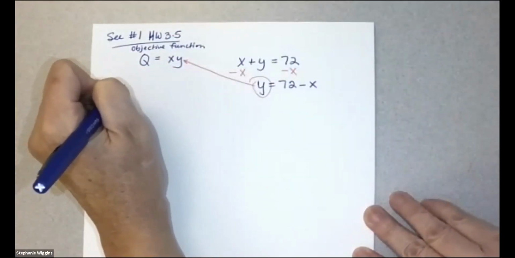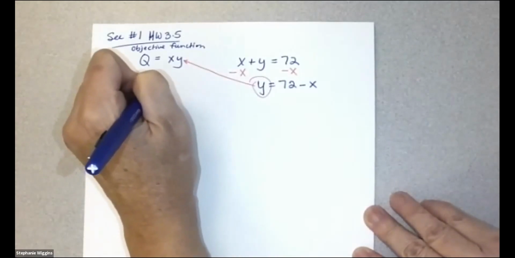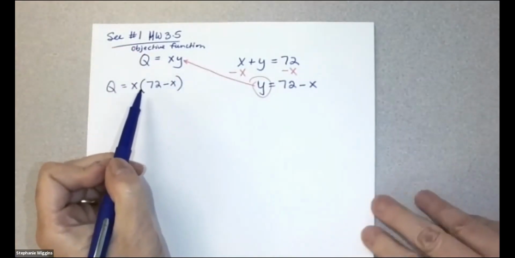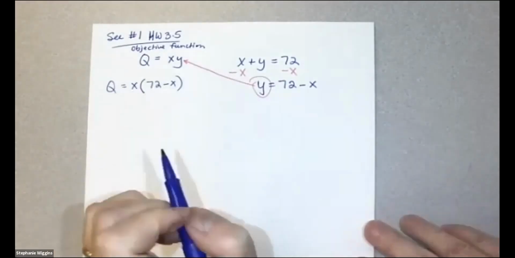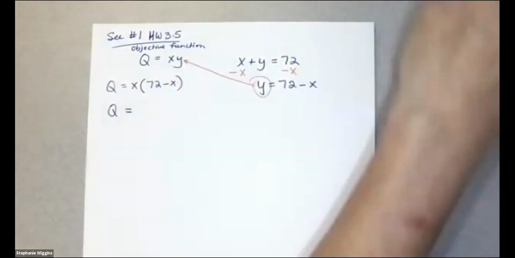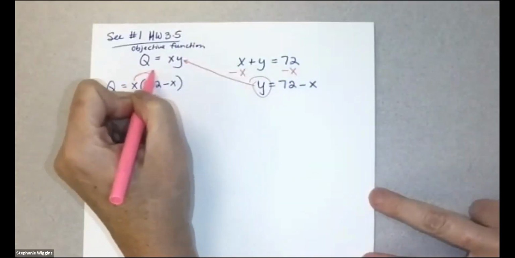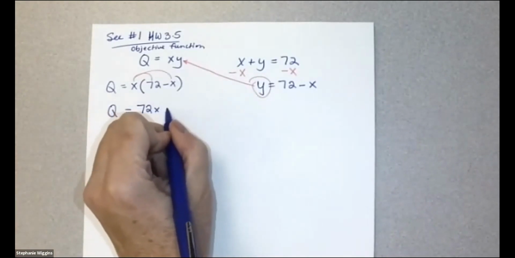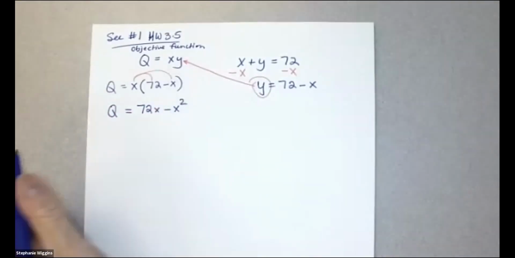So q equals x times 72 minus x. Now you can see we have one function in one variable. We can maximize this by taking the derivative, but first let me multiply this out. I'm going to distribute this x here, and I get 72x minus x squared.